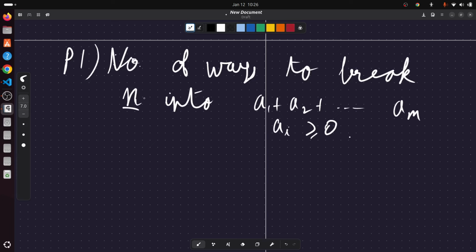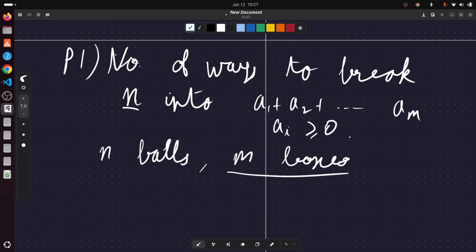To find the answer to this, we can think of it like we have n balls, and we have to put them into m boxes, such that each box has to have a non-negative number of balls, right?